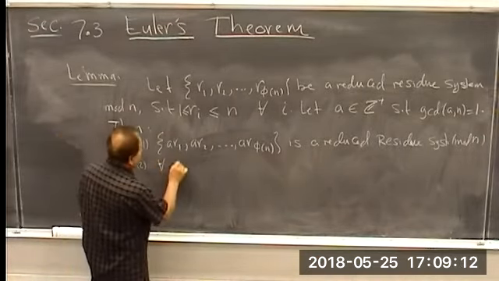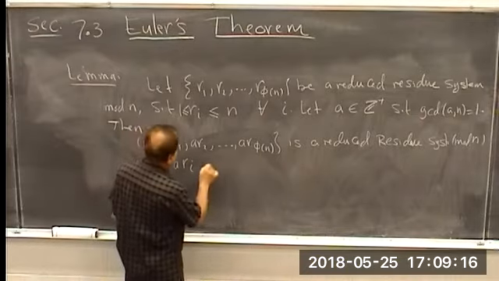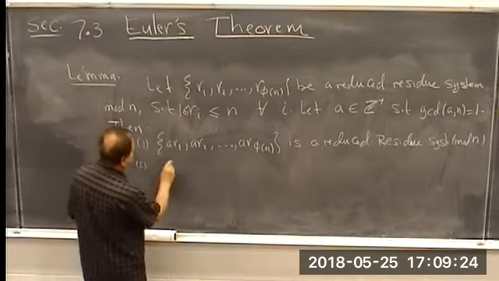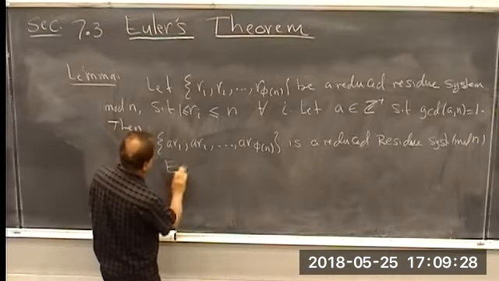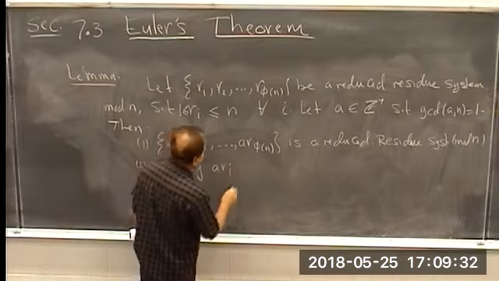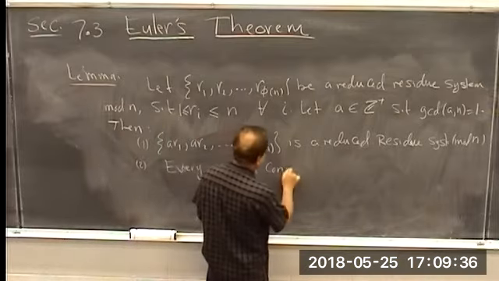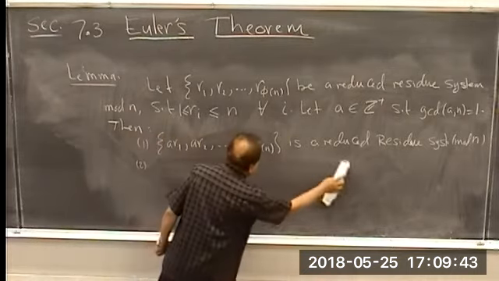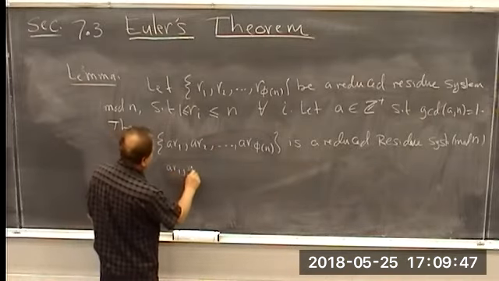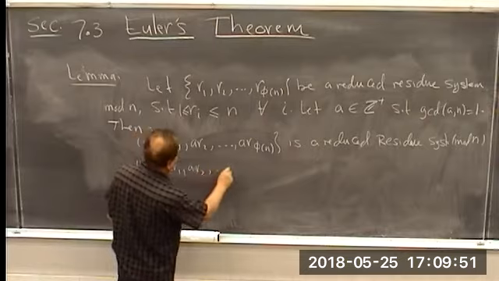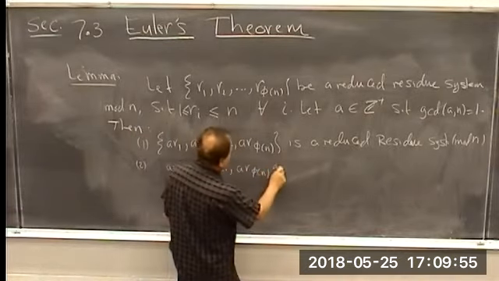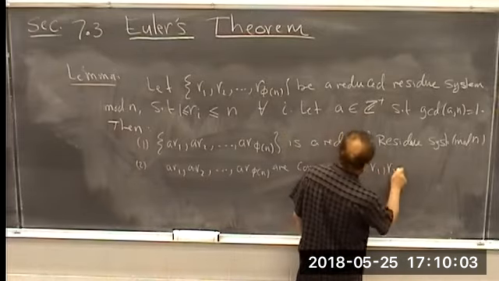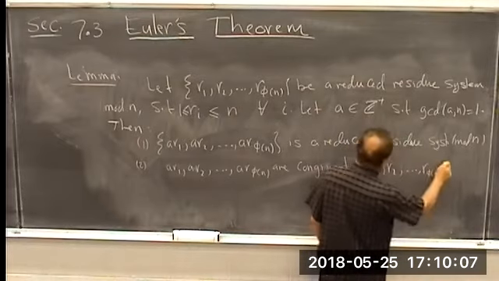2, for every a Ri, so every a Ri is congruent to, let me actually say it like this: a R1, a R2, up to a R phi of n are congruent to R1, R2, up to R phi of n in some form.